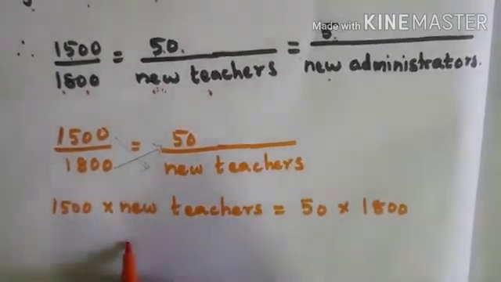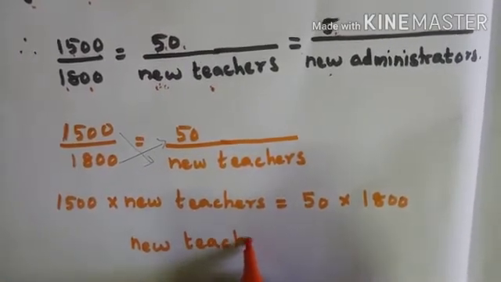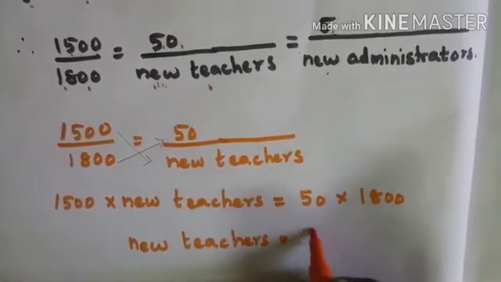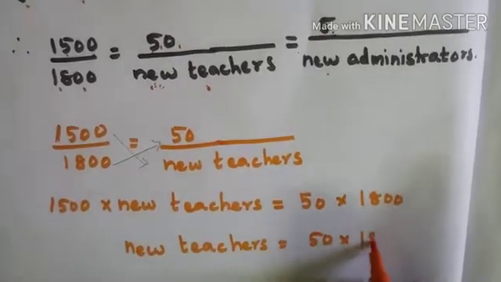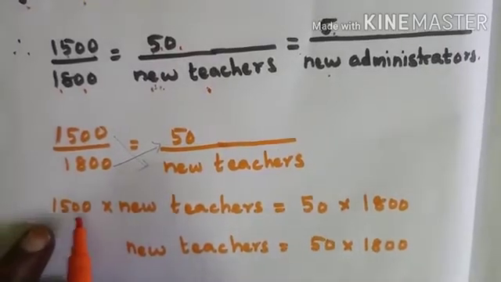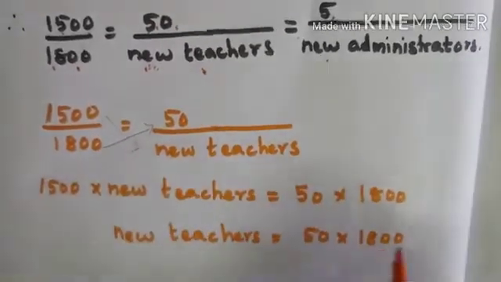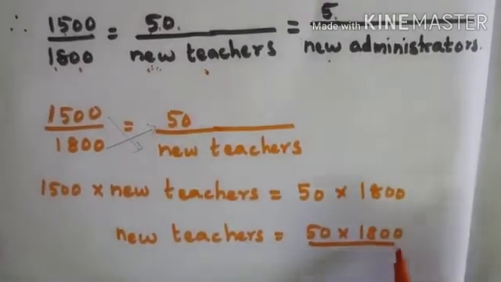So see here, now we need new teachers alone on this side. So new teachers equal to 50 into 1800, and this multiplication into 1500 is here. When it goes to that side, it becomes what? A division.